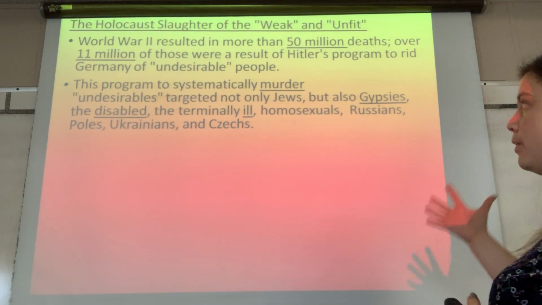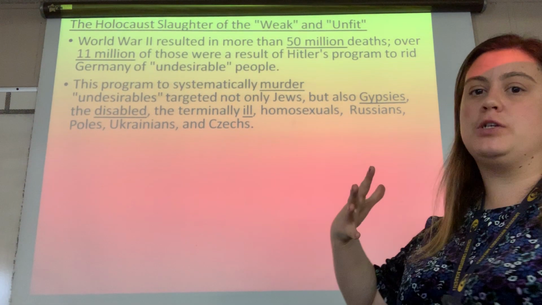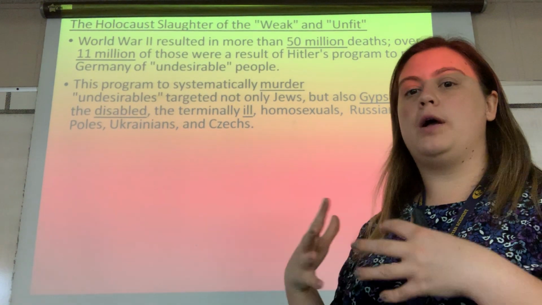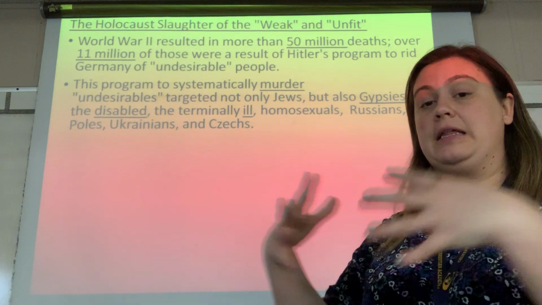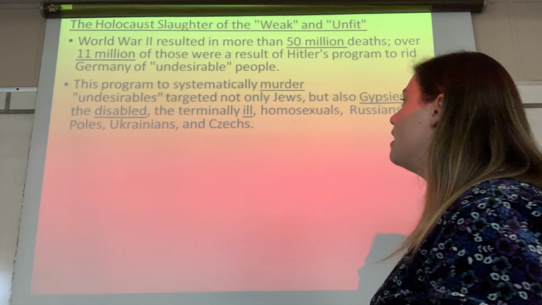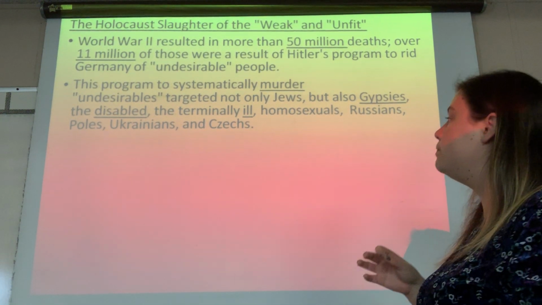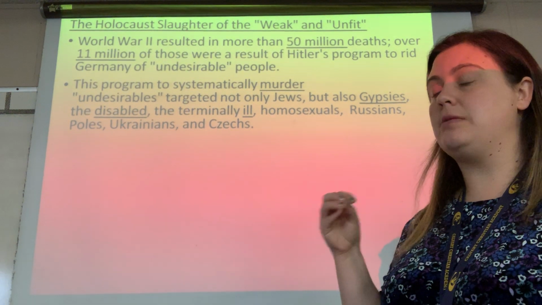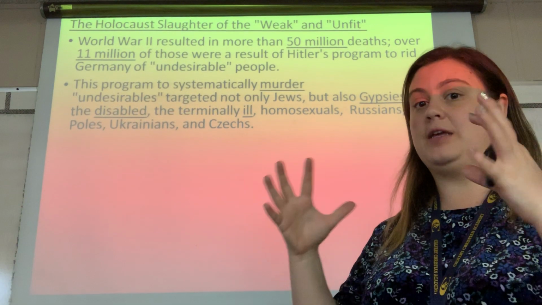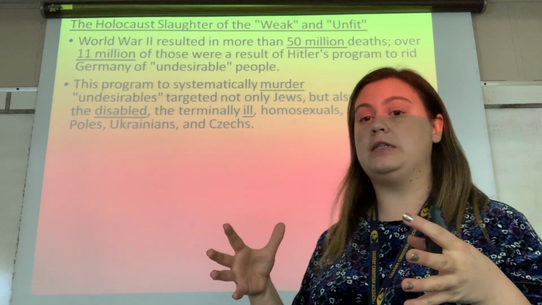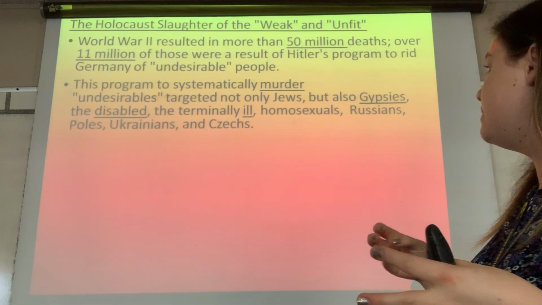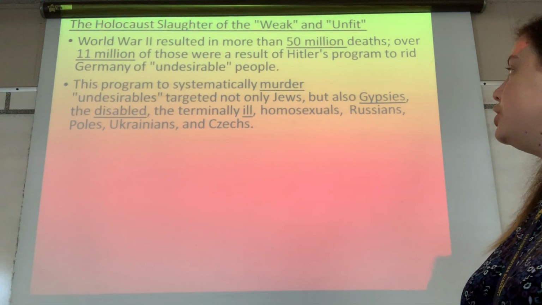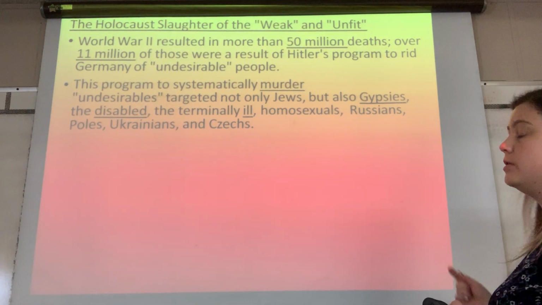So this program, which we have come to call the Holocaust, really is just a word for a major killing or destruction of something. But this program was set up by Hitler to systematically, meaning he had a program in place, there was a system, it wasn't just random, he had a plan, systematically murder these undesirables, which targeted, like I said, not only Jews, but also gypsies.